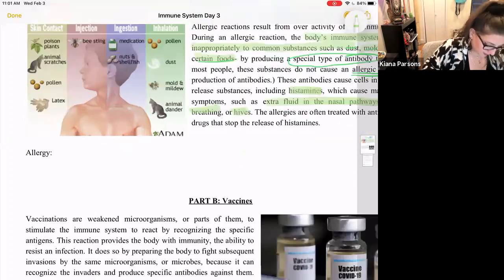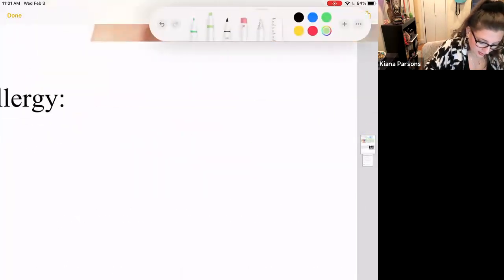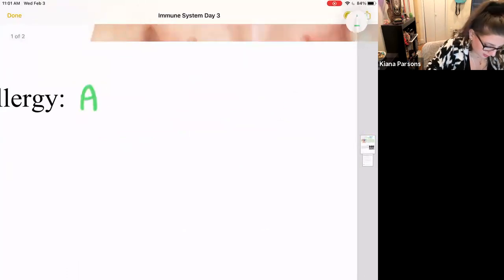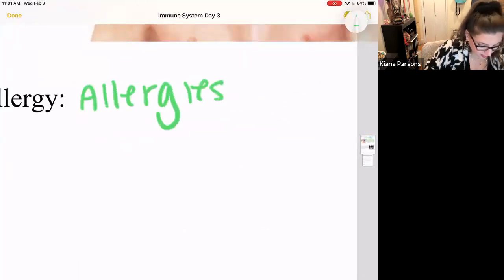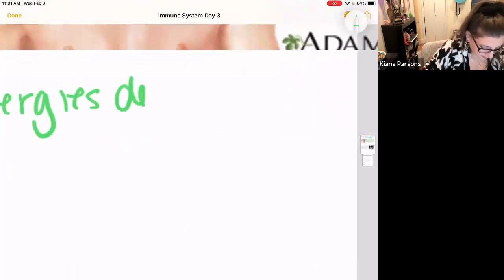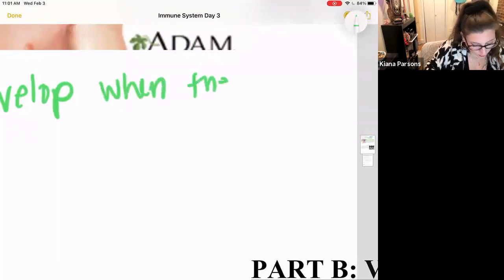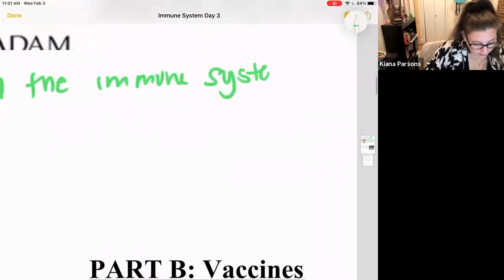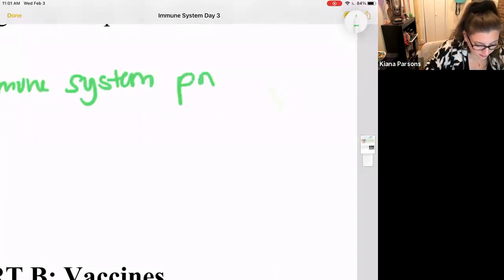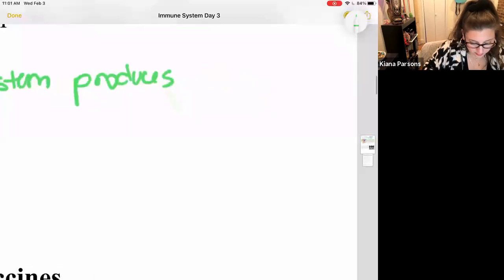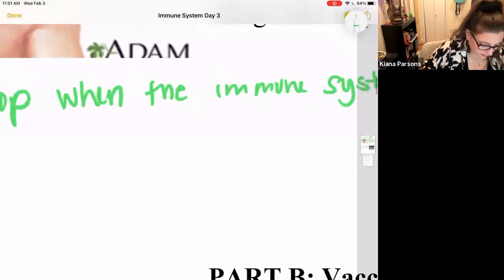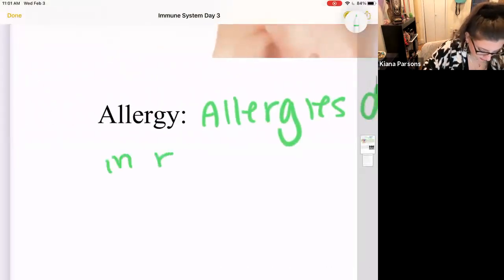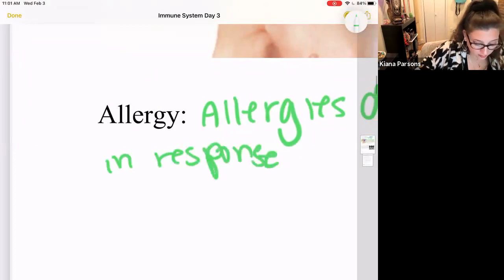So what is an allergy? Allergies develop when the immune system produces antibodies in response to non-harmful substances.